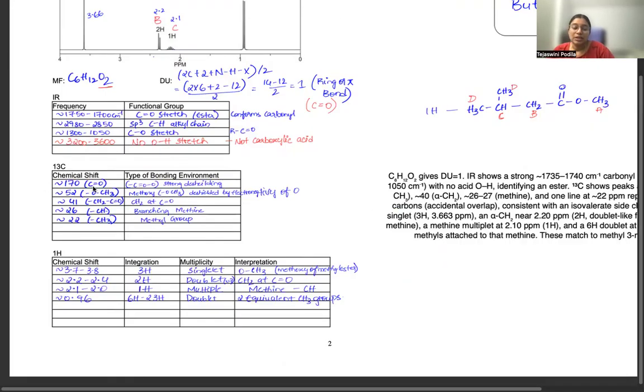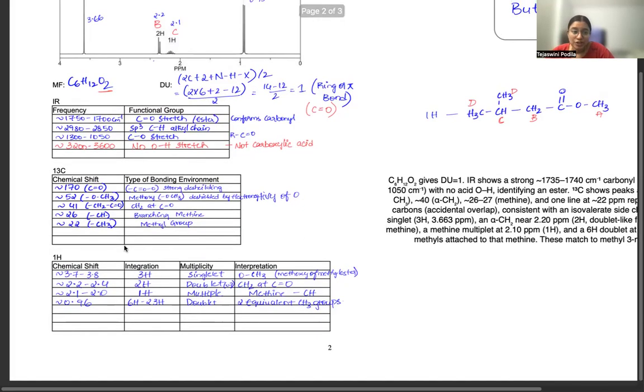At 170, that could be a C double bond O, because of the strong deshielding by oxygen. At 52, that could be an OCH3 methoxy, which is shifted because of the deshielding by the electronegativity of oxygen. At 41, it could be a CH2 next to the C double bond O. At 26, it could be a branching, and at 22, it could be the methyl group.